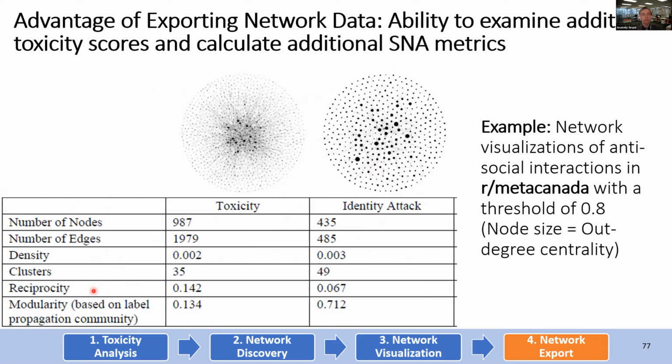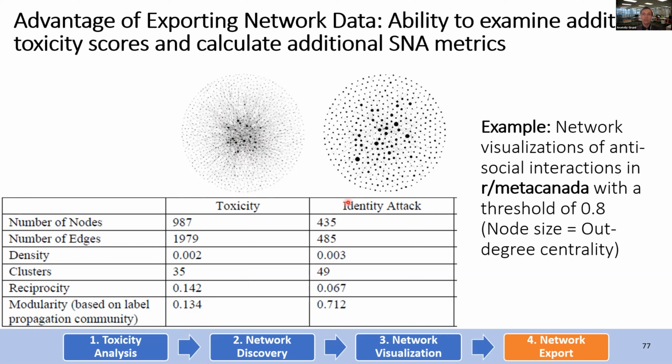Then we can run additional network metrics like density, modularity, and reciprocity. Reciprocity, for example, shows you the percentage of reciprocal ties for each subnetwork. So for toxicity, if somebody sends you a toxic message and you reply to it, you increase the reciprocity. In this case, 14% of the time people replied to toxic messages with toxicity.